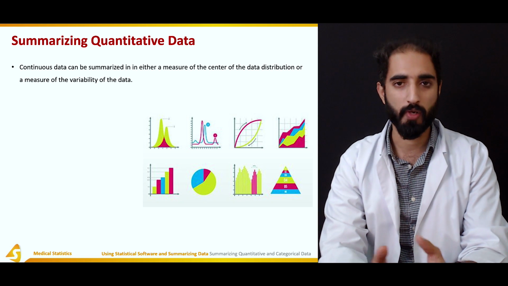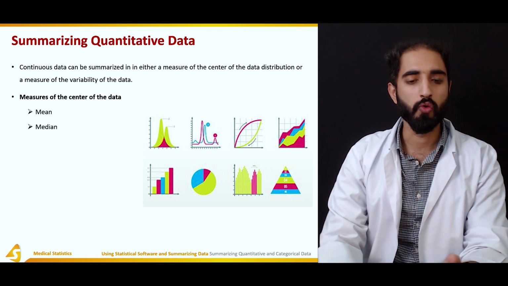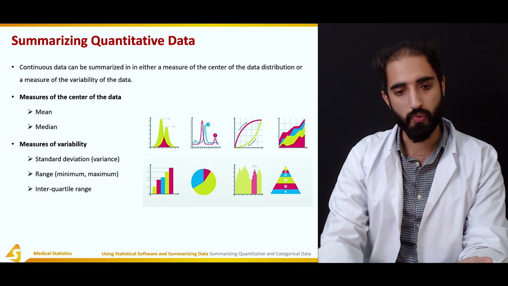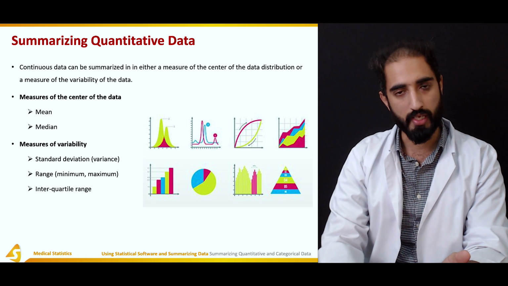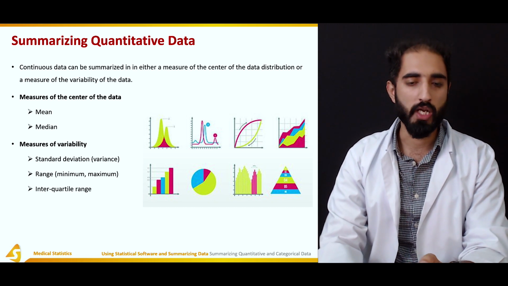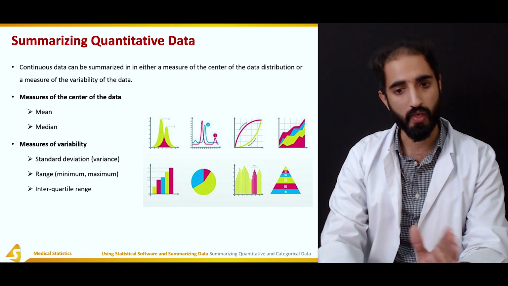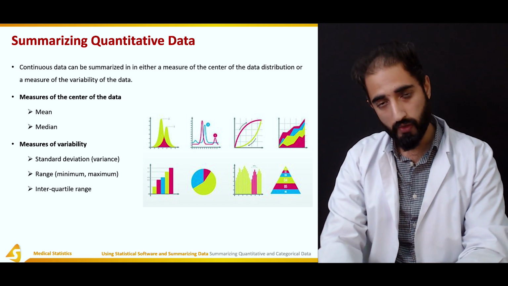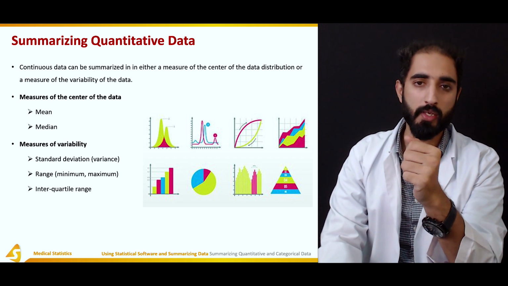For example, mean plus minus standard deviation. So measures of the center of the data include mean, median, and sometimes mode as well. And measures of variability include standard deviation, also known as variance, range, minimum and maximum, and interquartile range. It is also important to understand that standard deviation and variance are two different terms, which we are also going to take a look at in detail in the upcoming slides.